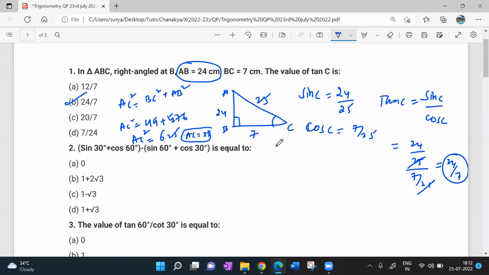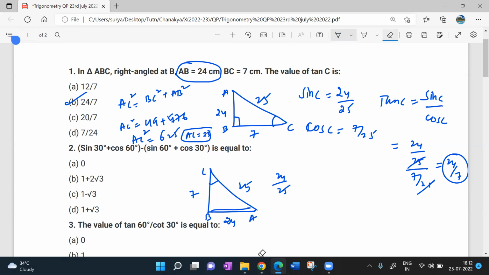Now he is asking about tan C, right? So what is sin C here? 24 by 25, opposite by hypotenuse.